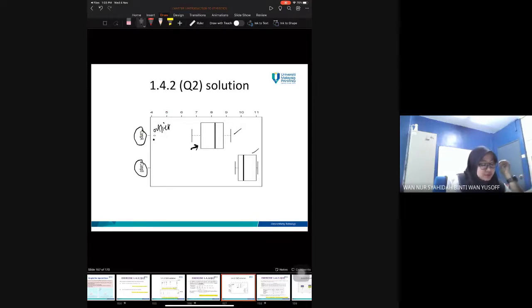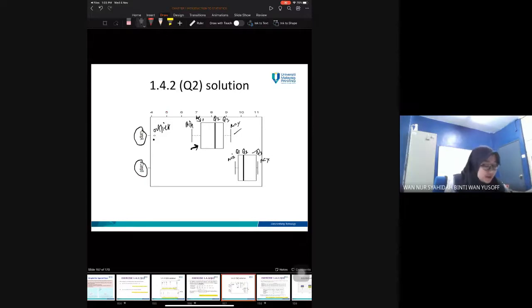So label your box plot: we have min here, Q1, Q2, Q3, and we have max. That's what we call technical labelling.